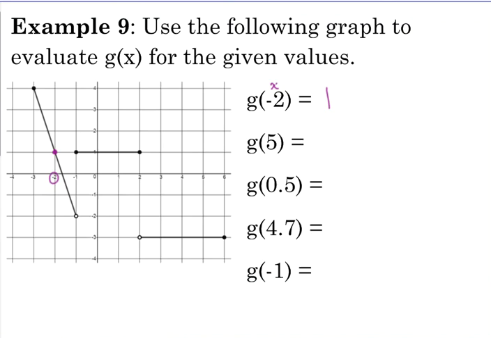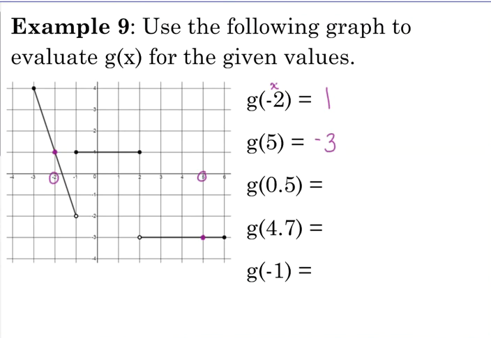So g of 5, here's our x value of 5. Go down to where the graph exists at that x value, and the y value there is -3. How about g of 0.5?